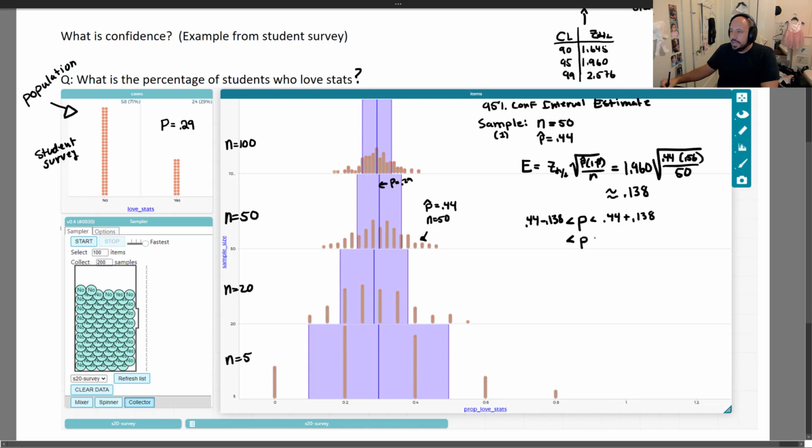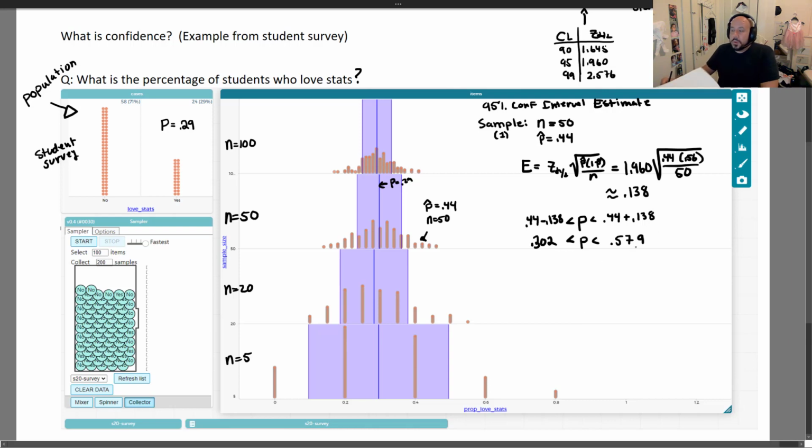is that the P, or at least according to this one sample, the percentage of students who love stats in the population that I pulled the sample from should be between about 0.579 and at the low end about 0.302. Okay? All right.